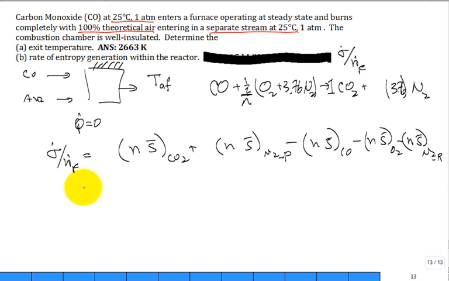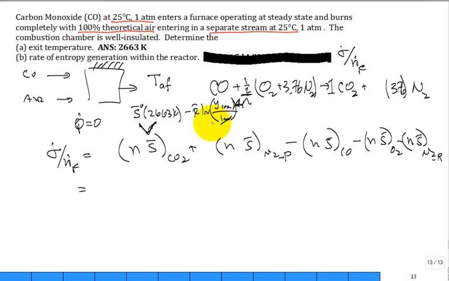Okay, so I have for this stoichiometric coefficient, well, what does each one of these look like? They look like S bar naught as a function of temperature. So for the carbon dioxide, it's going out at 2663 Kelvin minus R bar, we know what that value is, the natural log of y of the CO2 times the 1 atmosphere pressure divided by 1 atm reference pressure.